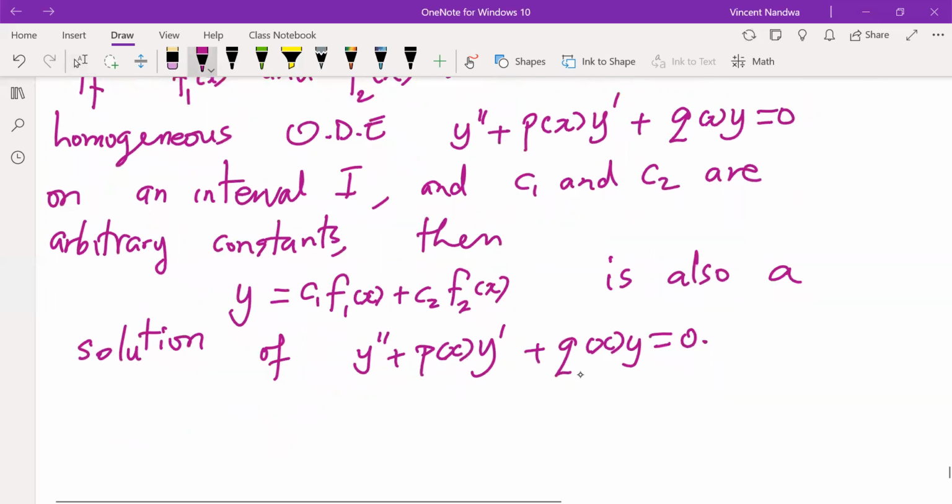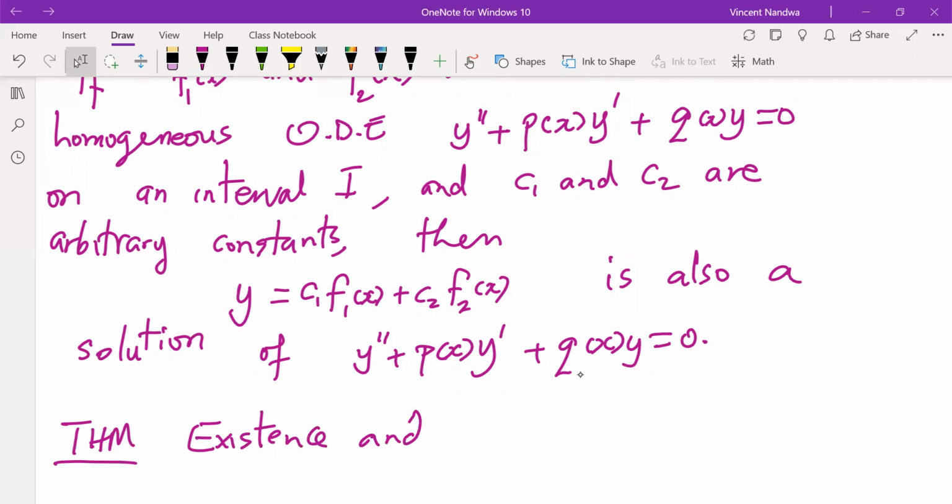So, theorem on existence and uniqueness.